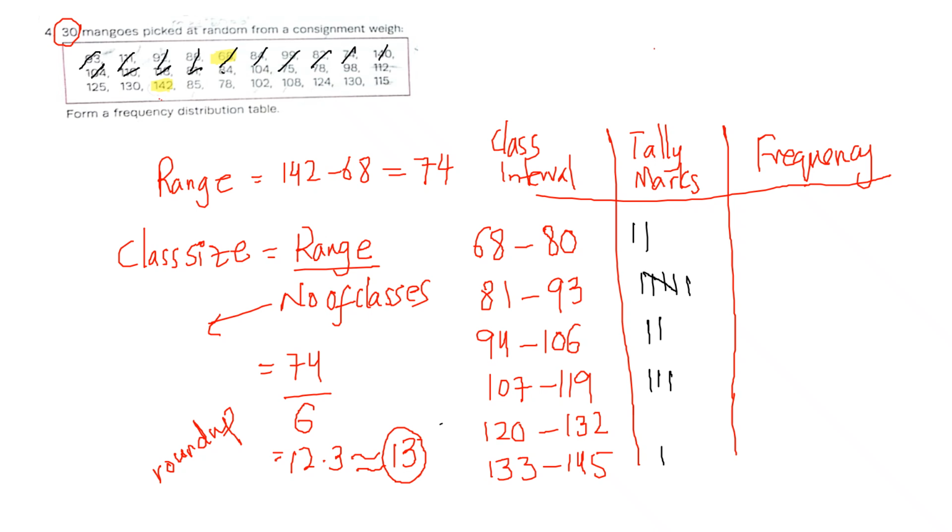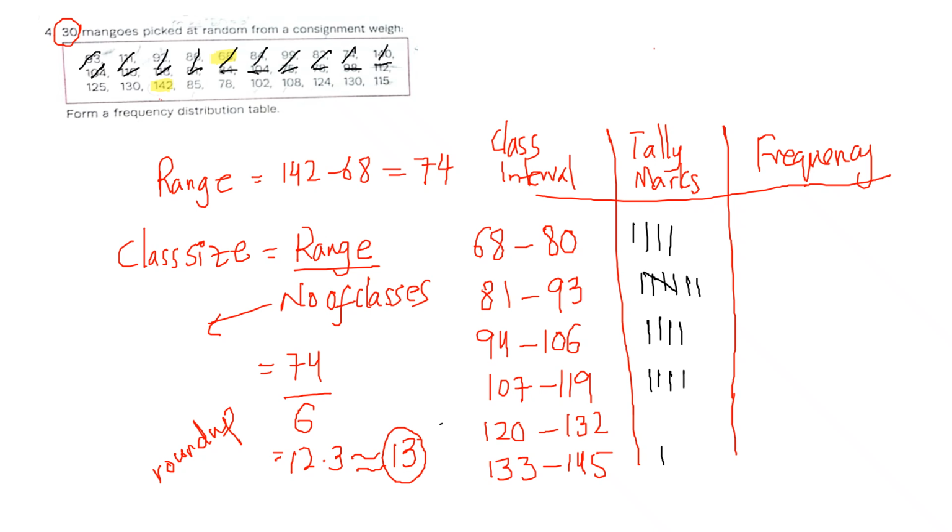Then I have 84 lies here. Then I have 104 lies here. 75 lies here. Then I have 78 lies here. Then I have 98 lies here.